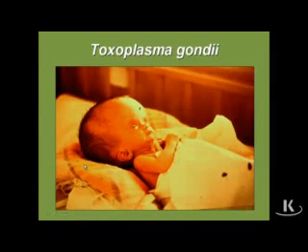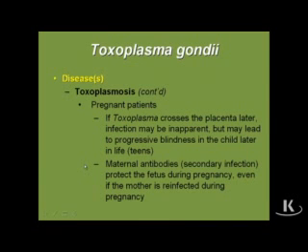Now, again, with congenital infections, we know we've got this wide range of symptoms from asymptomatic to stillbirth and everywhere in between. But a couple of things that really stand out for toxoplasmosis are hydrocephaly, which I'm showing you in this image, and actually progressive blindness, okay?